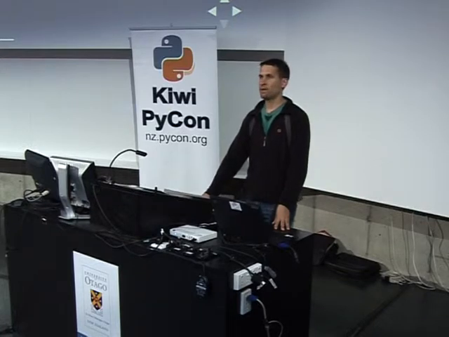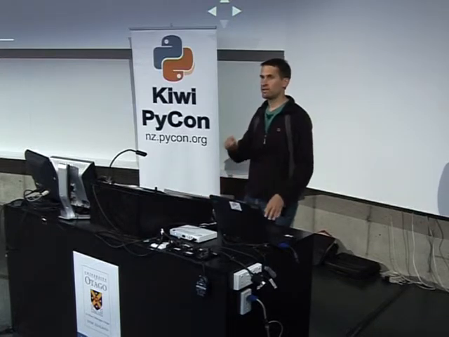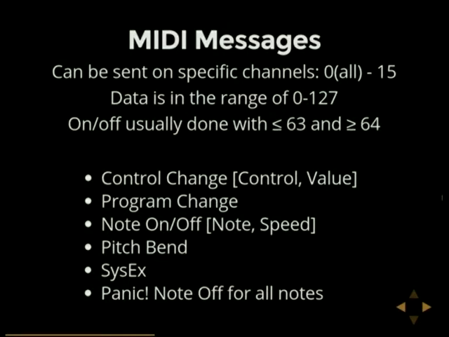But 128 values for fine adjusting certain things isn't that much. So that's one of the shortcomings of MIDI, and there are other things out there that will address that or replace it. And on-off is just like, the lower half of the values means it's off for a button, for example, and the upper half means it's on.